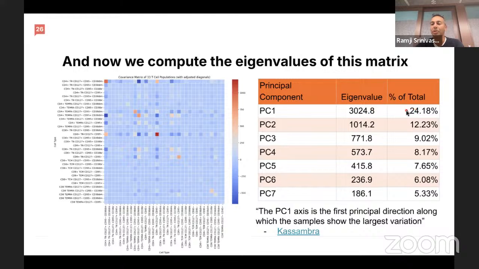So this captures a lot of the variation in the population. Principal component 4, 573.7, this is 8.17%. So 573 divided by the entirety of this column gets you to 8.17%. So here's a definition: the PC1 axis is the first principal direction along which the samples showed the largest variation.